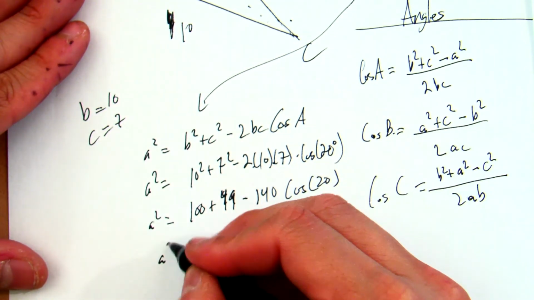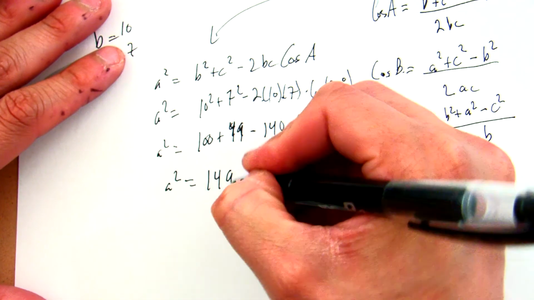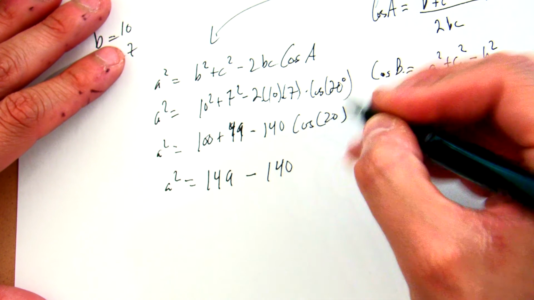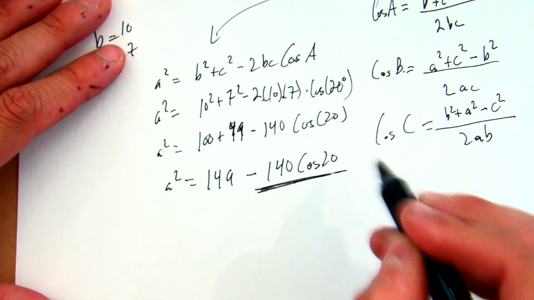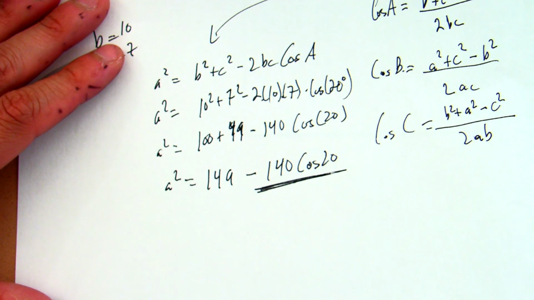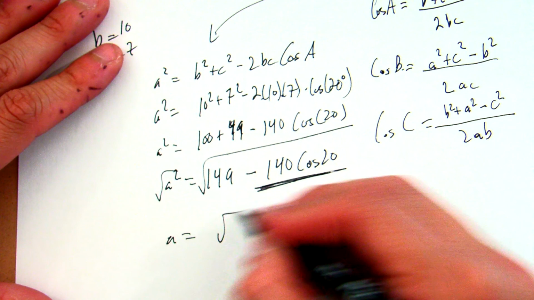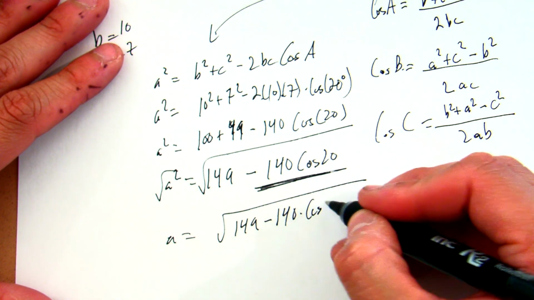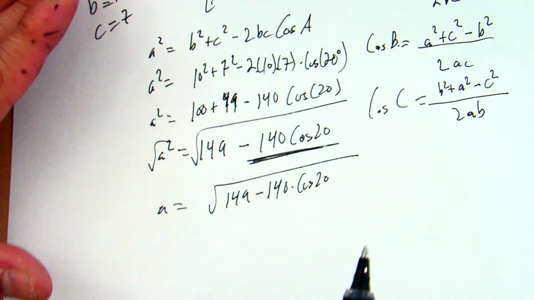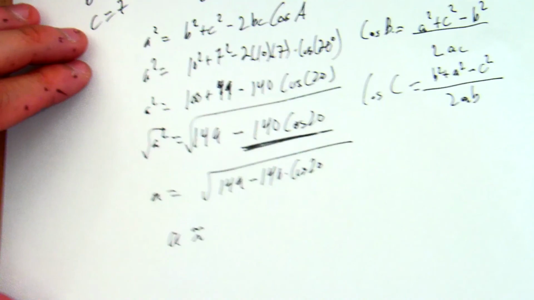So a squared equals 149 minus 140 times the cosine of 20. Note these are stuck together. You can't do anything with this. I'm going to square root both sides here. So a equals the square root of 149 minus 140 times the cosine of 20. And you would just plug this in your calculator and you would get whatever you get. You should try that by yourself here.